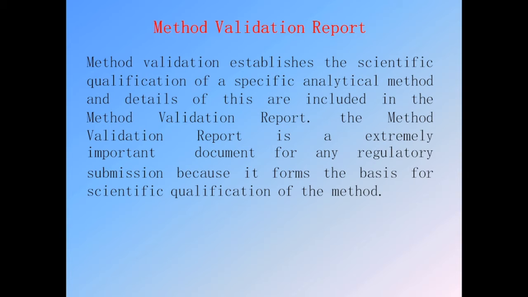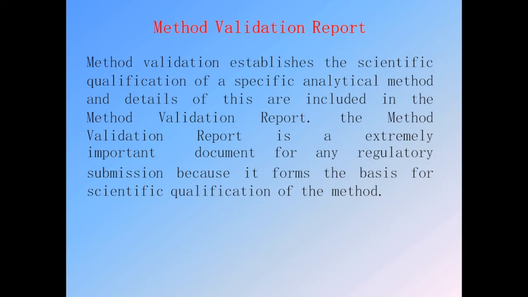In the previous section, we explained the importance of distinguishing between method validation and method transfer. Method validation establishes the scientific qualification of a specific analytical method, and details of this are included in the method validation report. Transfer of a validated method is governed by the SOP established by the designated laboratory, which defines their acceptable performance criteria.